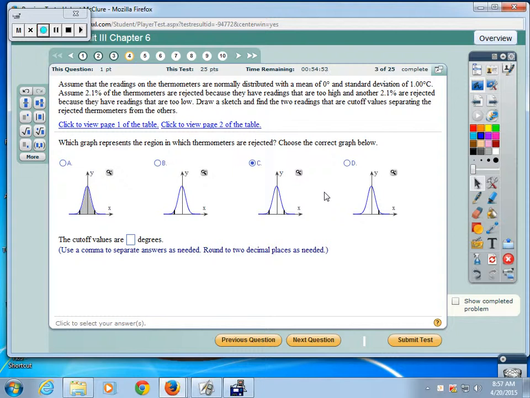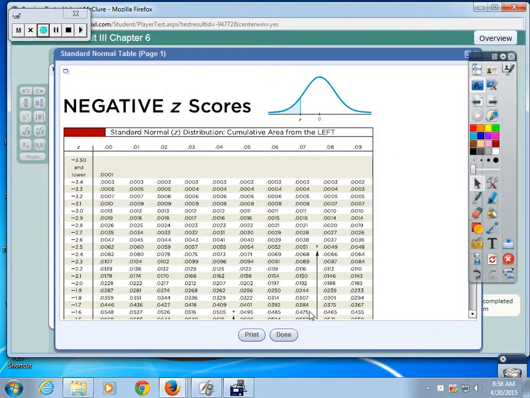0.0210. So let's look for 0.0210. So 0.0210, that's like $2.10. What's closer, $2.07 or $2.12? 12 cents.